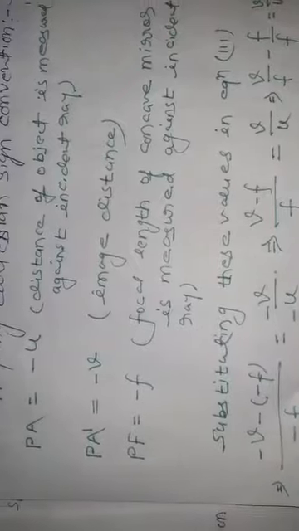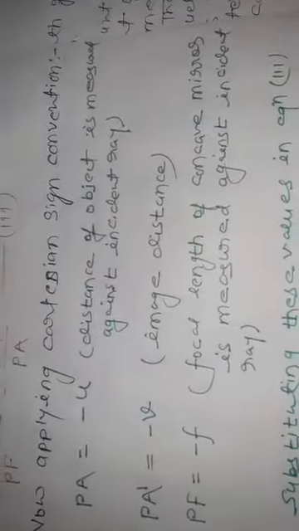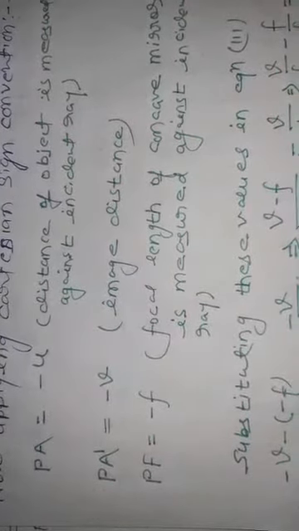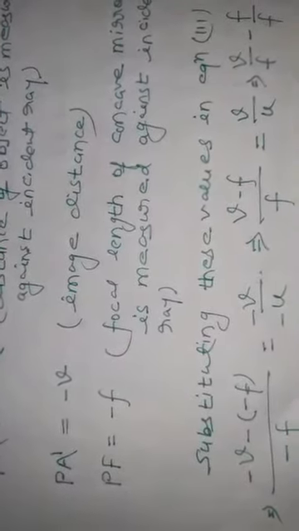Now applying the Cartesian sign convention, PA is your distance of object from the pole, which is taken negative, that is minus U. Distance of object is measured against the incident ray. You have studied the rules of sign convention already in lecture number 2, so no need to be confused here. Second one is PA dash equals minus V, that is the image distance.